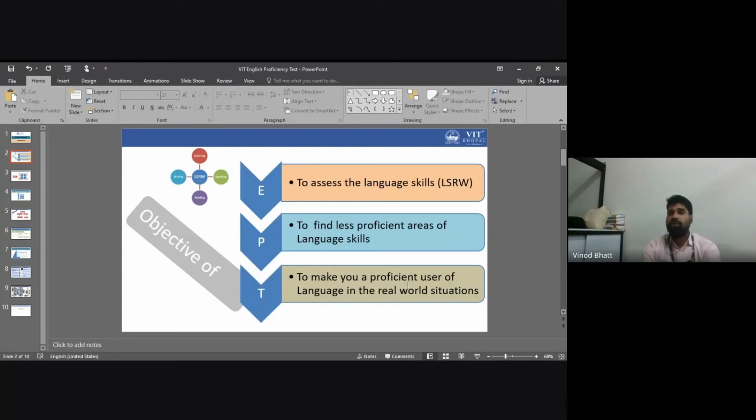And you can grab these opportunities if you have a good grip over the language, because that is considered the universal language. If you have a good grip over that, probably you can beat any competition and have good opportunities across the globe. So to set you in that global situation, it's very important for you to have good proficiency over the language.